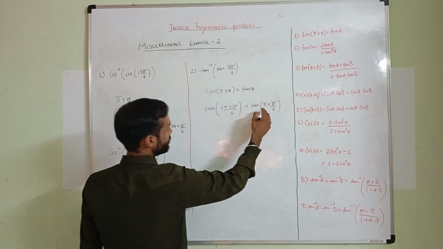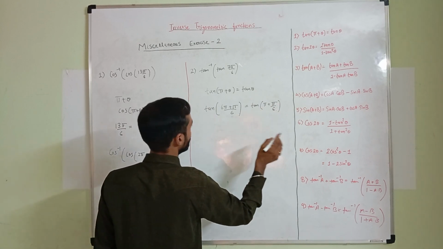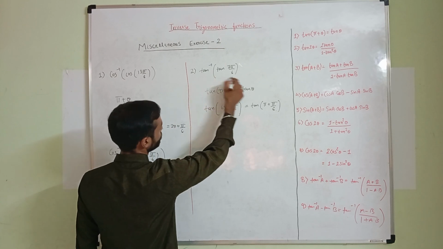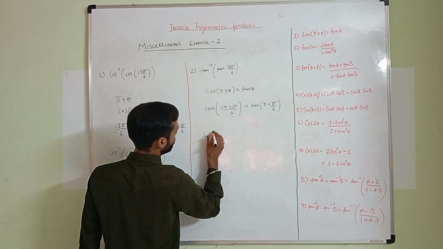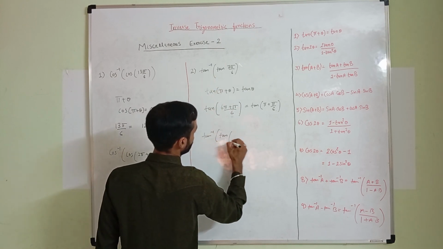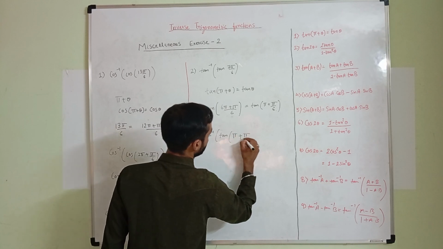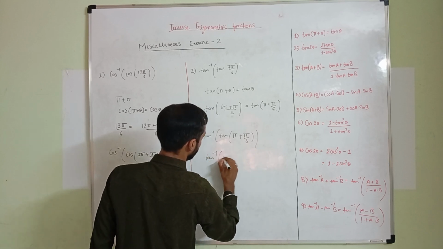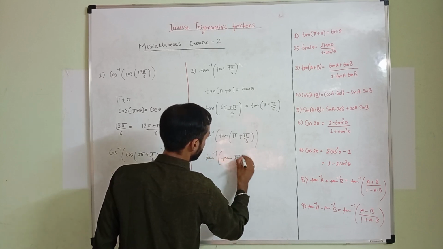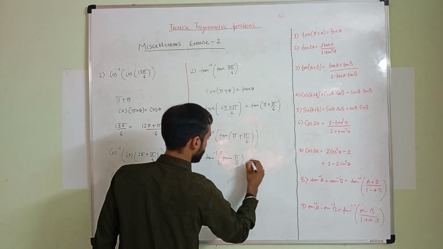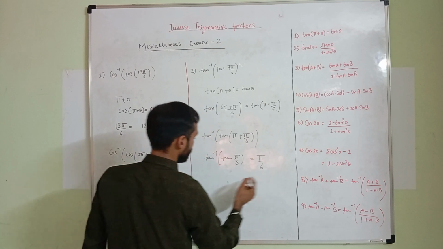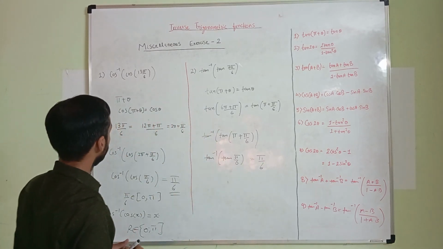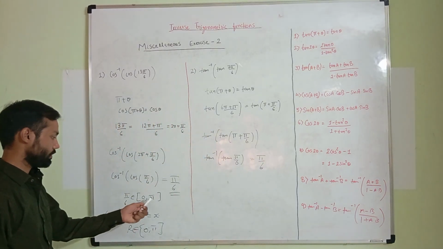Now we can write this as tan inverse of 6 pi plus pi by 6, which is equal to tan inverse of tan pi by 6. When we go with the cos function, we have to consider the interval 0 to pi.